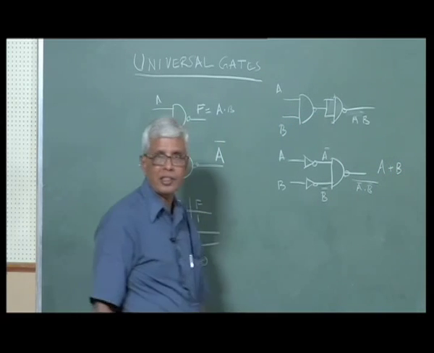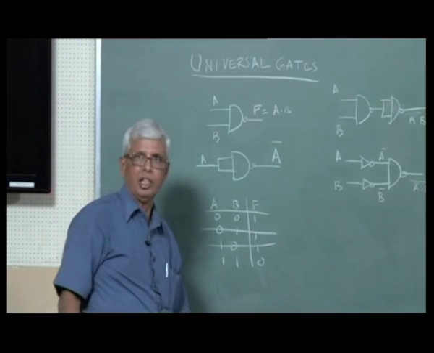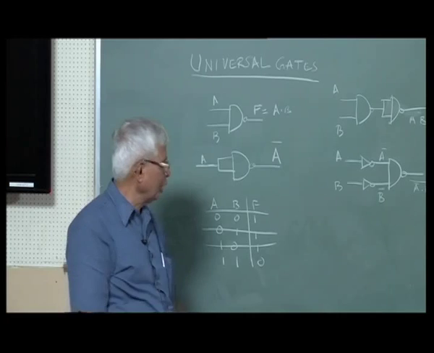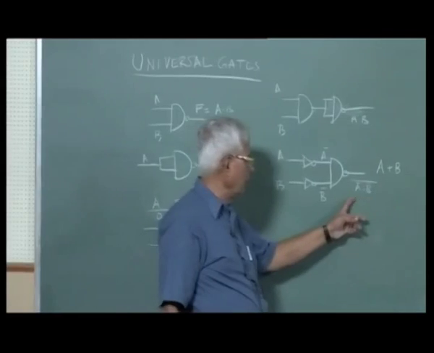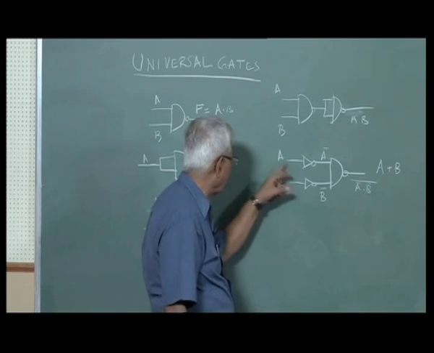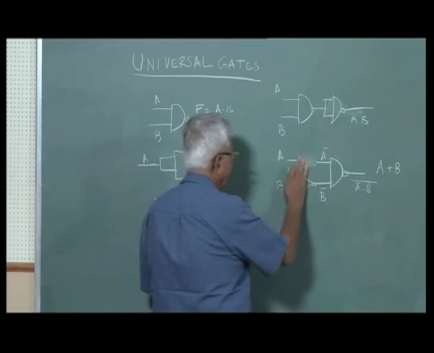It's called De Morgan's theorem. If you have already heard it, fine. De Morgan's theorem says A bar and B bar, whole bar, becomes A OR B. So I have an OR gate out of NAND gates. This inverter is again a NAND.